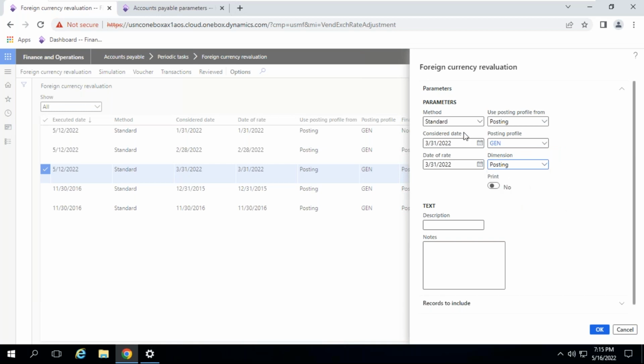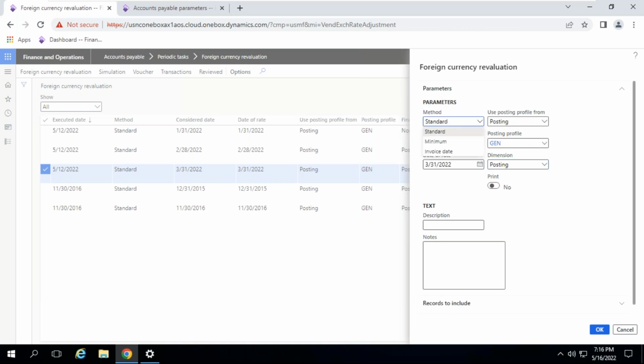Next one is consider date and date of rate. Consider date means transactions till this date will be considered. Date of rate means that day's exchange rate will be considered. This is for exchange rate consideration, and that is for transactions to be considered.